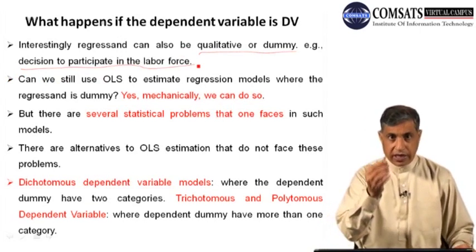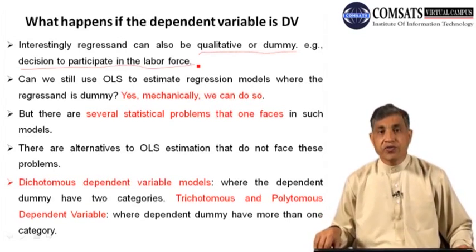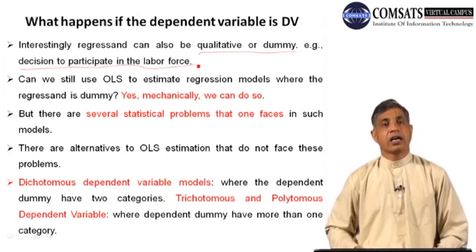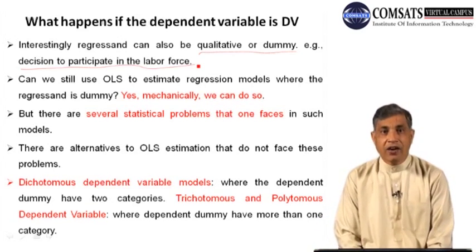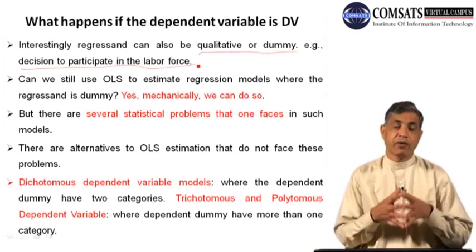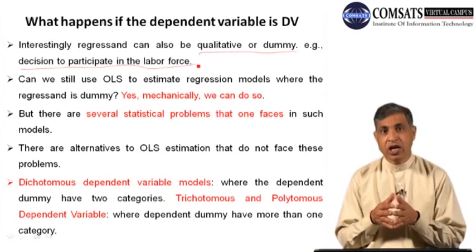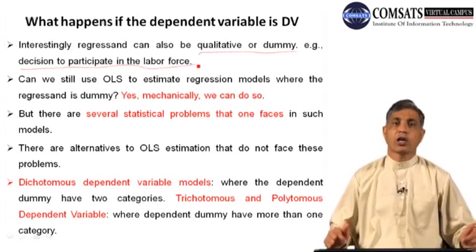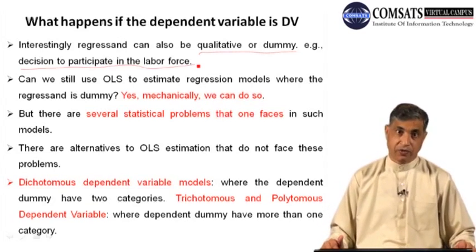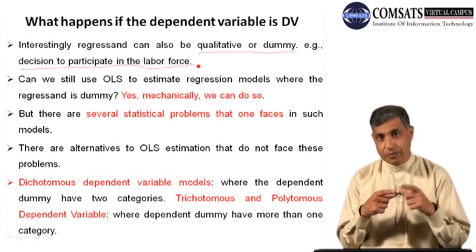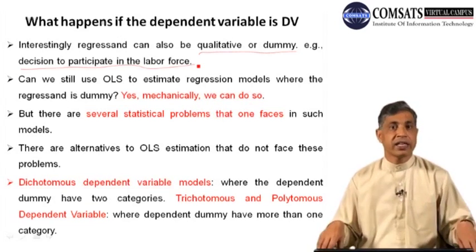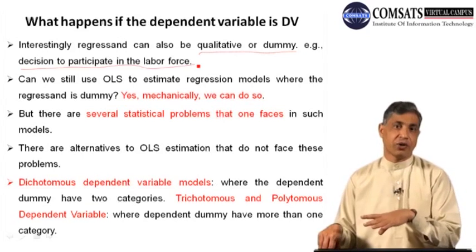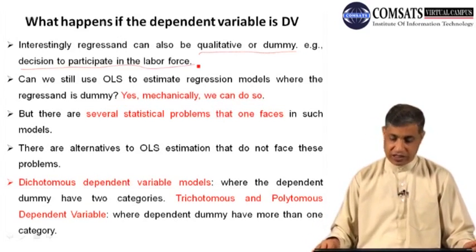If we conduct a survey on you and want to see whether you want to be included in the labor force or not, our dependent variable is your behavior: whether you go to one category, the labor force, or you still want to stay out of the labor force category. So look at this: our dependent variable has become a categorical variable, a dummy variable, and there are only two responses, yes or no. So we have to progress on the same footing.